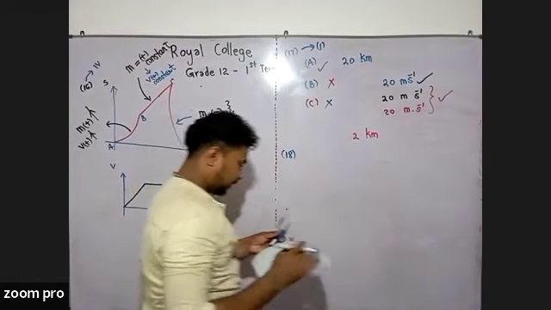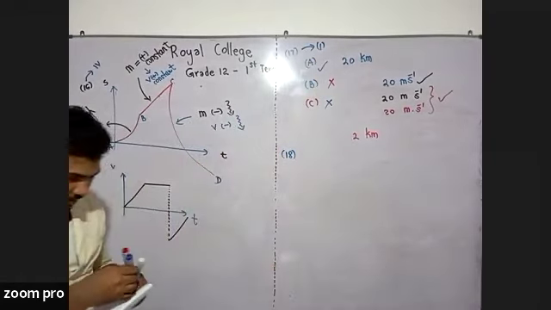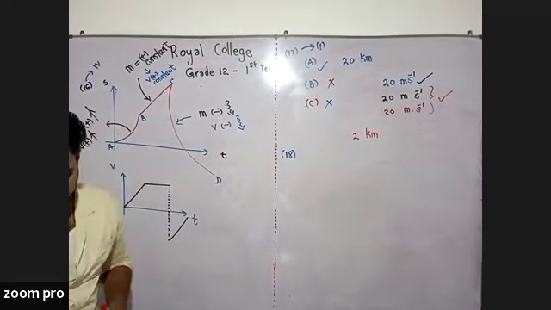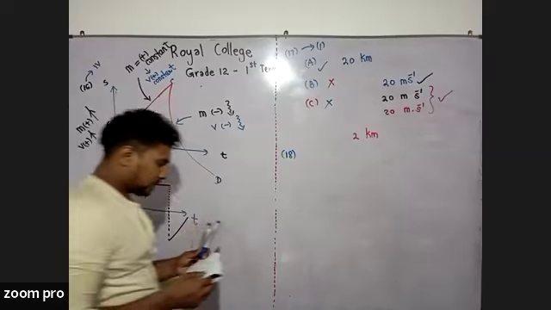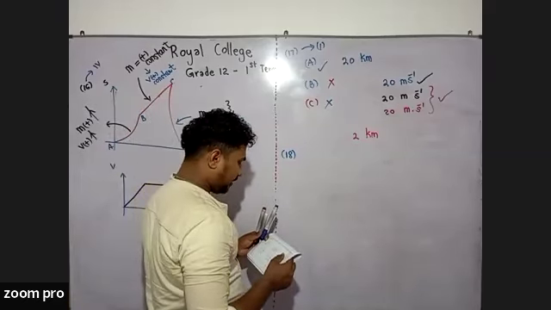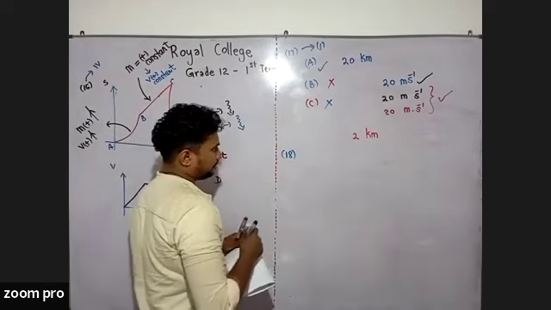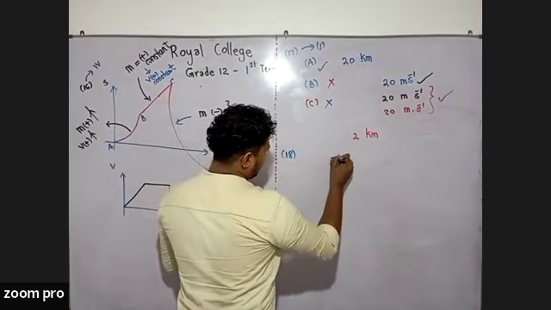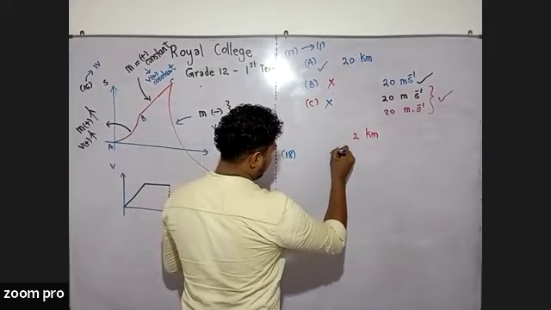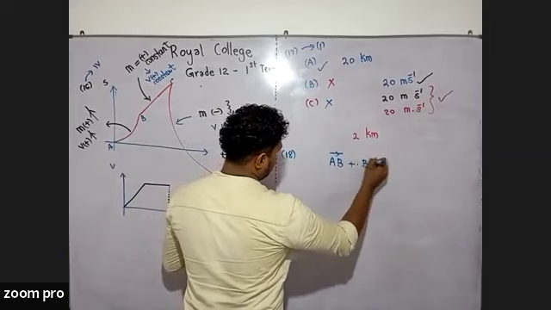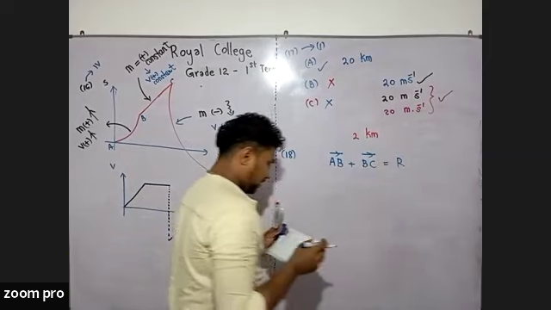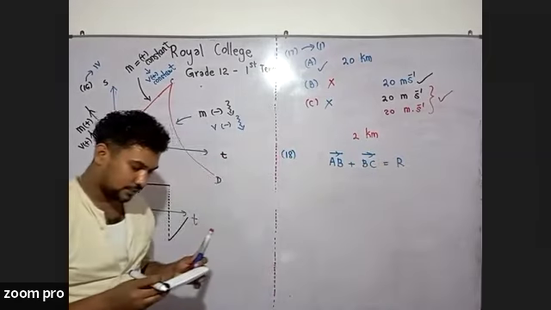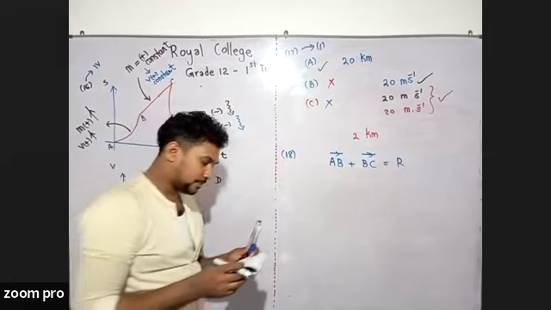In the 18th question, the vector sum of AB and BC is R. Right. So this is the addition of AB and BC representing the R. Choose the most correct figure from the following geometric presentations.